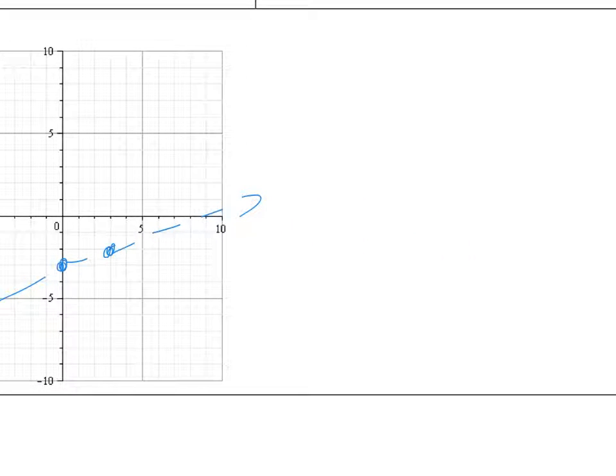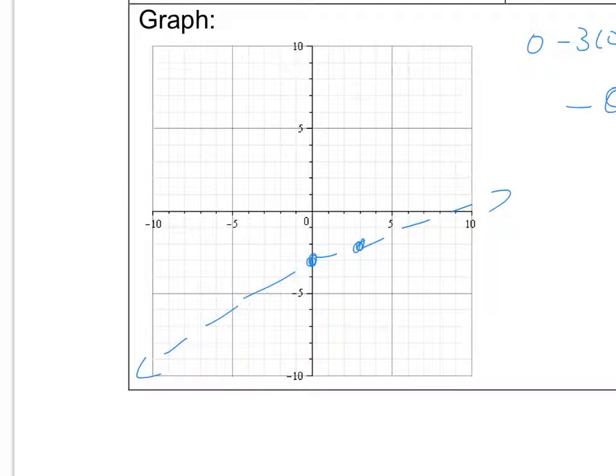So if we go to plug that in, you get 0 minus 3 times 0 minus 9. Notice how I went back to the original. That's what you should always do because there's no chance of mistakes made there. Okay? So you get negative 9 is less than 0. Is that true? Yes. So I look back over here. The test point was 0, 0. It was true. That means shade that side.